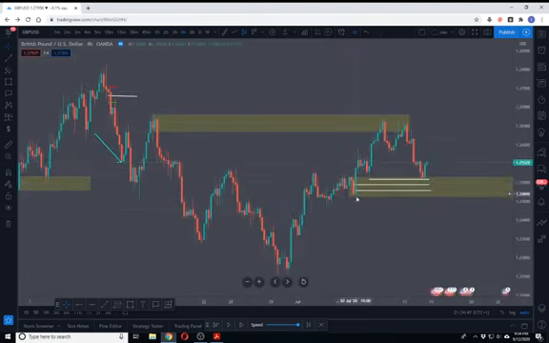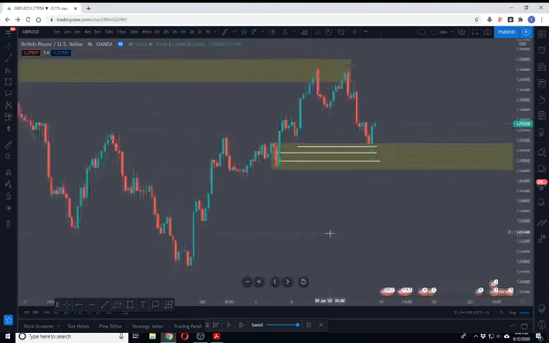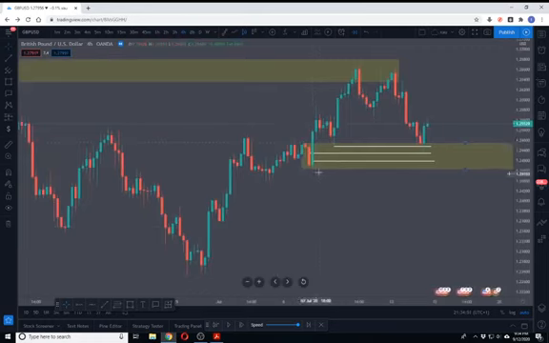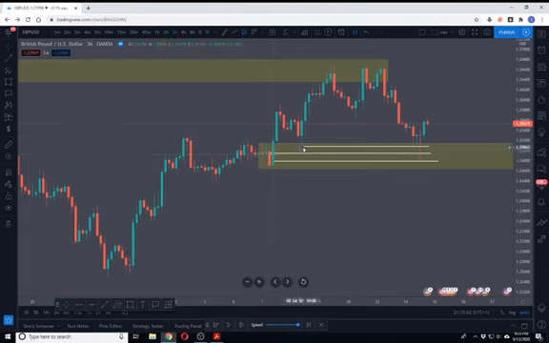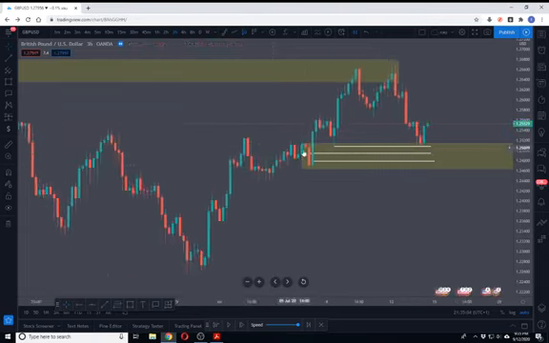So what you'd be looking for is what we did here: this whole area is your 4 hour bullish order block, but on the 4 hour it didn't present us with an imbalance. But as you can see, because there's a swift move here, if we start going down time frames we see a very clear imbalance, and so this yellow marked up zone marks up the 4 hour zone, the 4 hour order block.